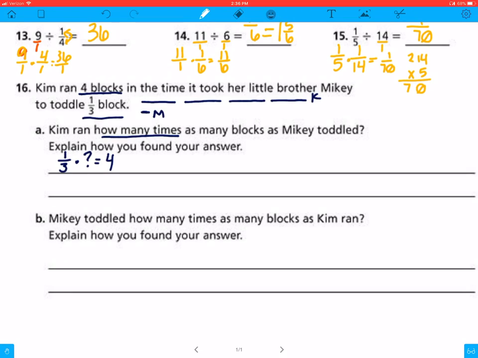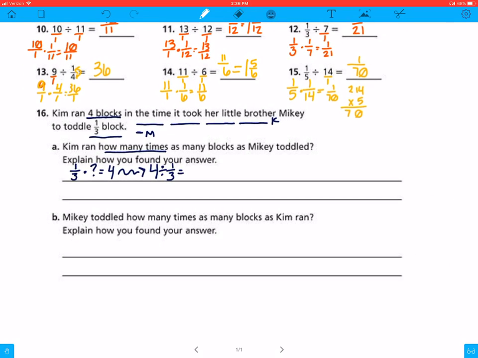I'm going to go through in a different color, and I'm going to count how many thirds are in each block. But I could also think of this as 4 divided by 1/3, because that's asking how many thirds are in those 4 blocks. So 4 over 1 multiplied by 3 over 1, the reciprocal of 1/3, is equal to 12.